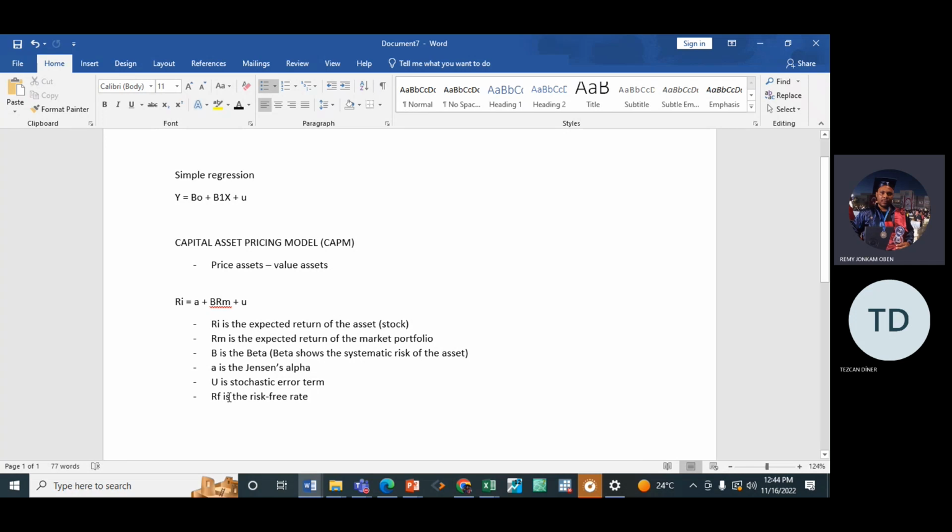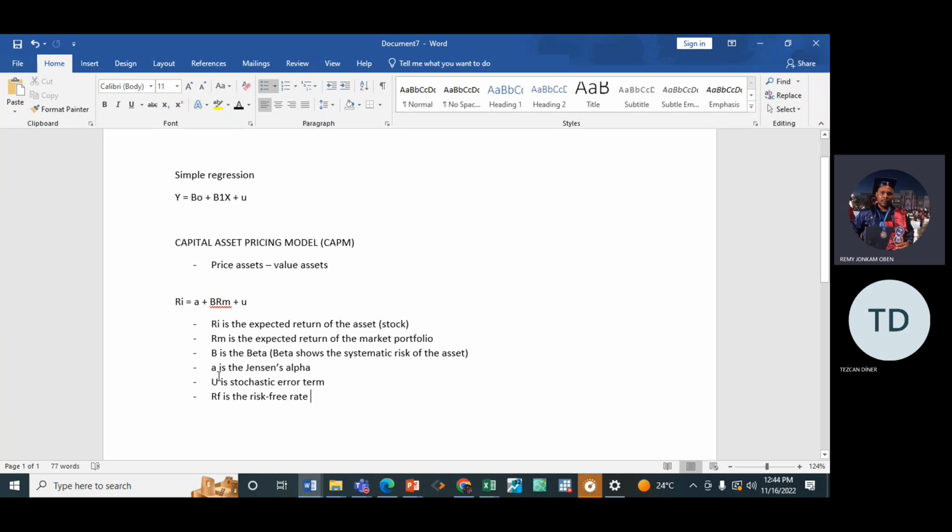The return you get from these assets which have zero risks is known as the risk-free rate of return. But in real life, you cannot really find an asset with zero risks. So we always assume that treasury bills are risk-free assets, especially US treasury bills. We always assume that they are risk-free, but it doesn't mean it is totally, because nothing is totally risk-free in life.